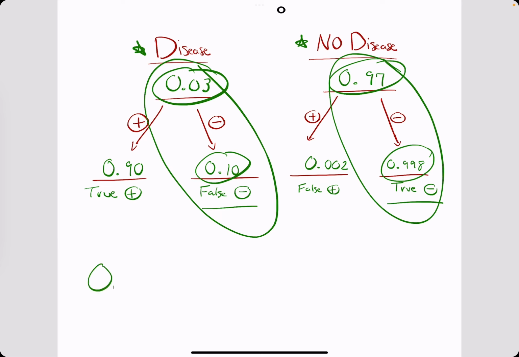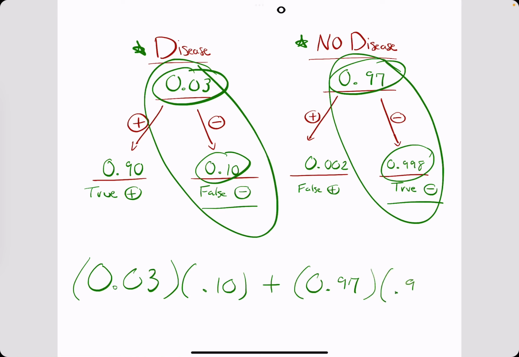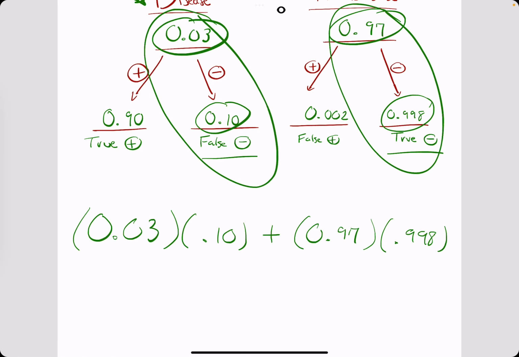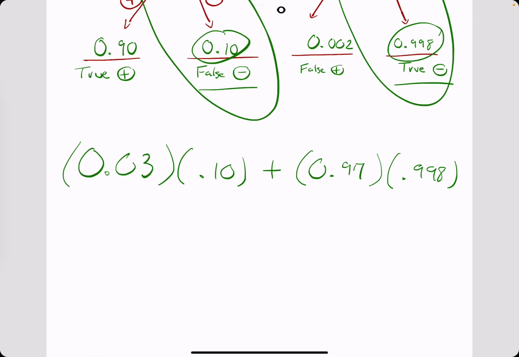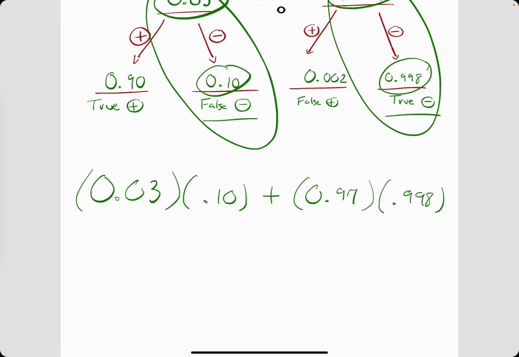It's because if 3% of the population have the disease, then 10% of those people will test negative. And then of the 97% of the population that do not have the disease, 99.8% of them will also test negative. So you add up all the negative test results.